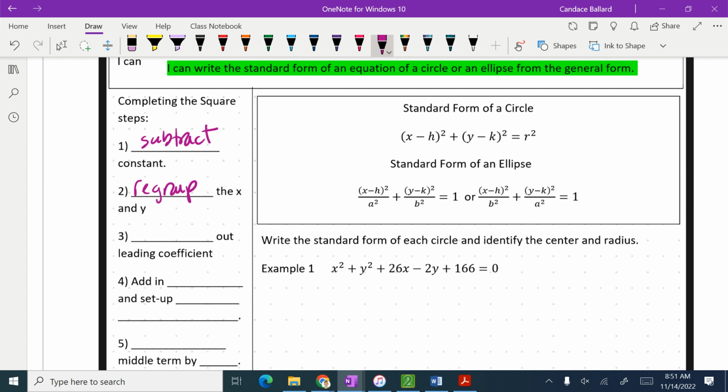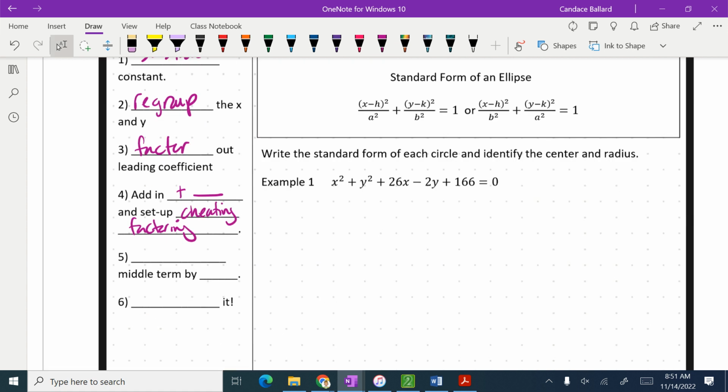Then we are going to factor out, if it has it, the leading coefficient. And we might factor something out of an x and out of a y. Okay. Then we're going to add in plus blank and set up what I remember we called cheating factoring. So we're going to set up the cheating factoring. Or basically it was setting up the square of the binomial is what that really was.